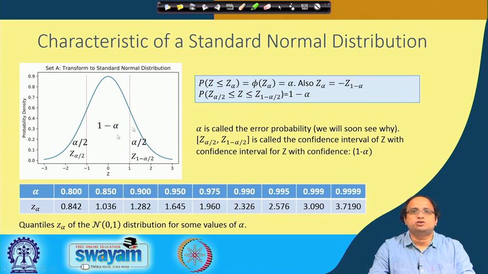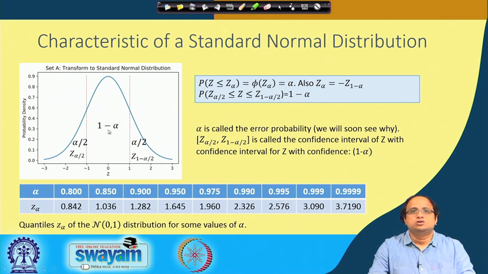Since Z alpha by 2 is equal to minus Z 1 minus alpha by 2, by symmetry the probability that it is greater than Z 1 minus alpha by 2 is also alpha by 2. Since the area under the curve is 1, the probability that Z lies from Z alpha by 2 to Z 1 minus alpha by 2 is 1 minus alpha by 2 plus alpha by 2, that is, 1 minus alpha.